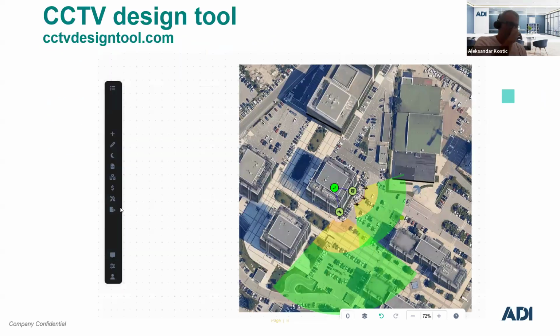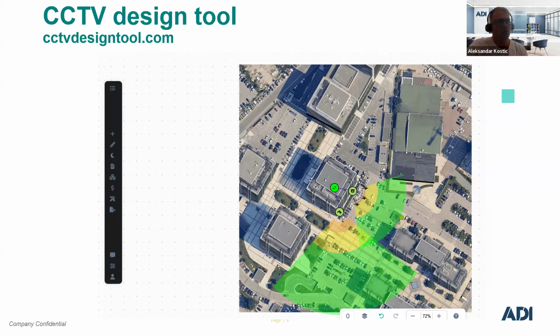Okay, so when we speak about positioning of the camera, there is an additional tool called CCTV design, which we highly recommend. This tool is not free. It is a software tool which requires additional licensing. But definitely using this tool, you can get all the information in one place regarding the setup of the camera, positioning of the camera, angle, height, and not just about the camera position and camera field of visibility.